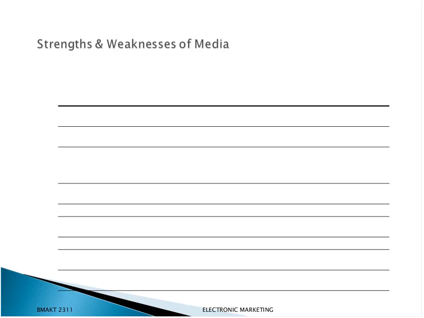Let's look at another one, media richness. Multimedia is TV because you have so many things there. You can hear, you can see. When it comes to radio, it's just audio. With magazine, text and graphic. Newspaper, text and graphic. Direct mail, text and graphic. Internet, multimedia. Again, you have all together.